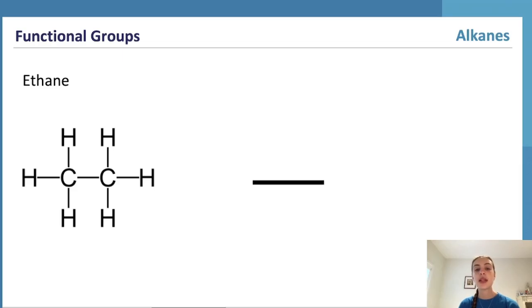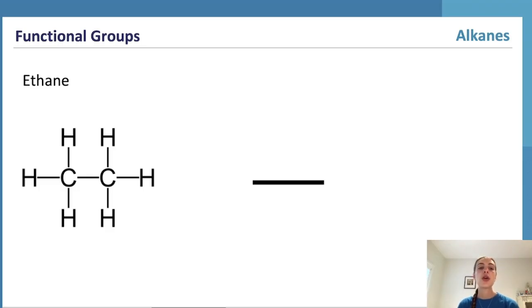With the skeletal structure, we assume that any hydrogens are just there, they're not explicitly shown, and we assume that the ends of the molecule are carbons, so the two ends for ethane being the two carbons, and then the hydrogens just being assumed to be there. With longer molecules, they'll form a zigzag shape, and any ends and any points of the molecule will be assumed to be carbons.